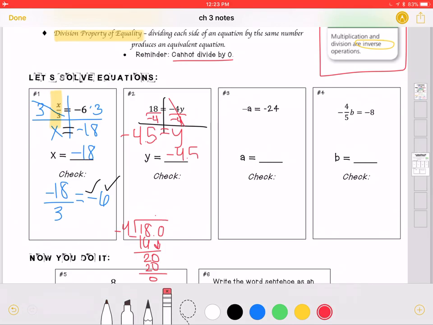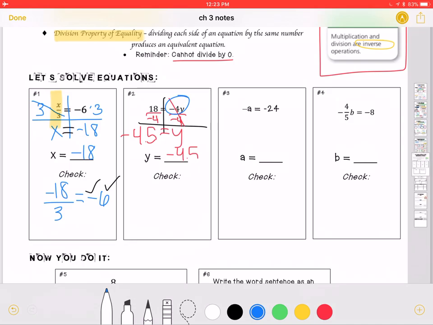So now, let's check our answer. Remember, to do a check, you plug it into the original problem. So I'm going to replace y with negative 4.5. So really, I'm doing negative 4 times negative 4.5. You didn't need to put those parentheses. I just like to if it's a negative. So now I'm going to stack them up so I can actually multiply them and see, will this give me a positive 18?